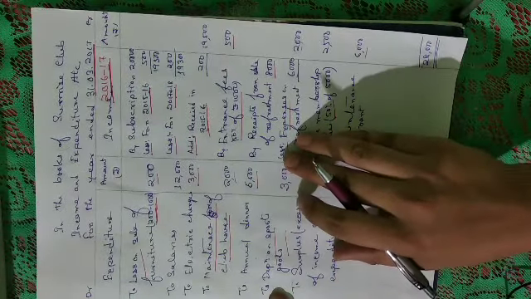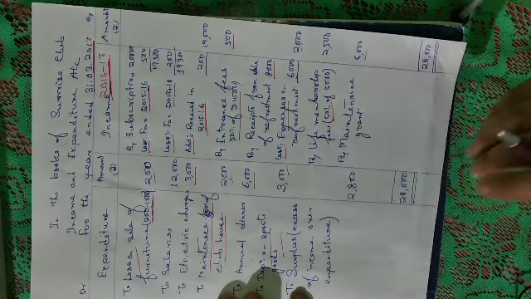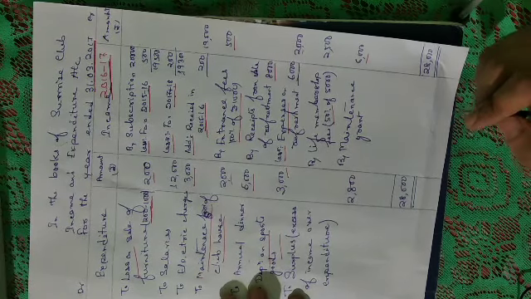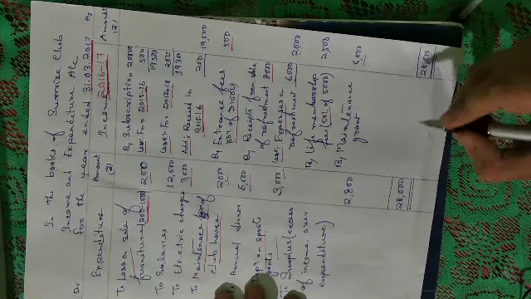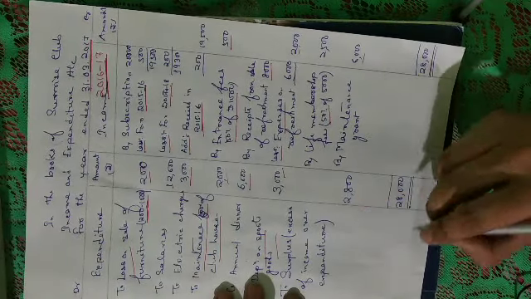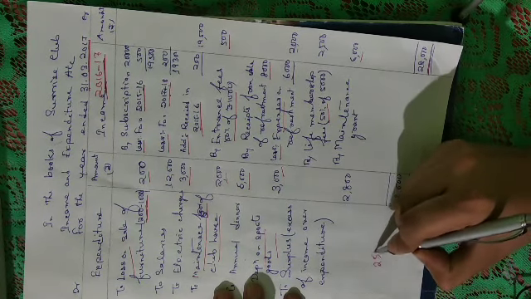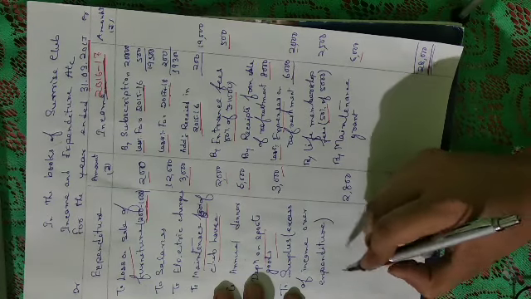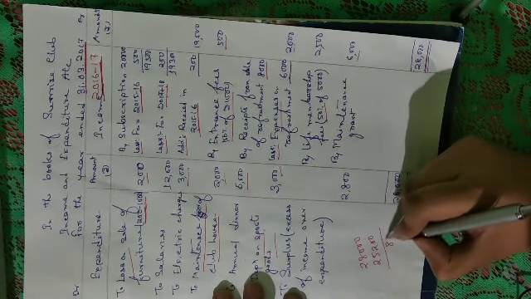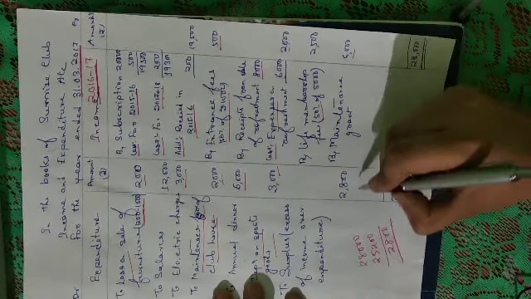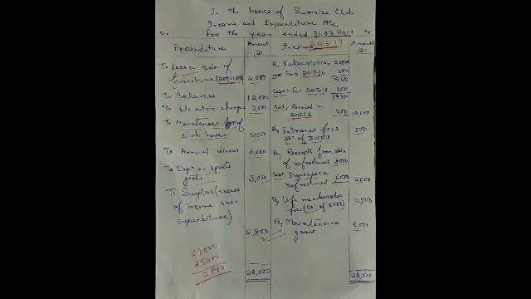So here the total debit side is 25,200 and the total credit side is 28,000. So the difference is 2,800. 2,800 is our surplus. Here you see the third solution.